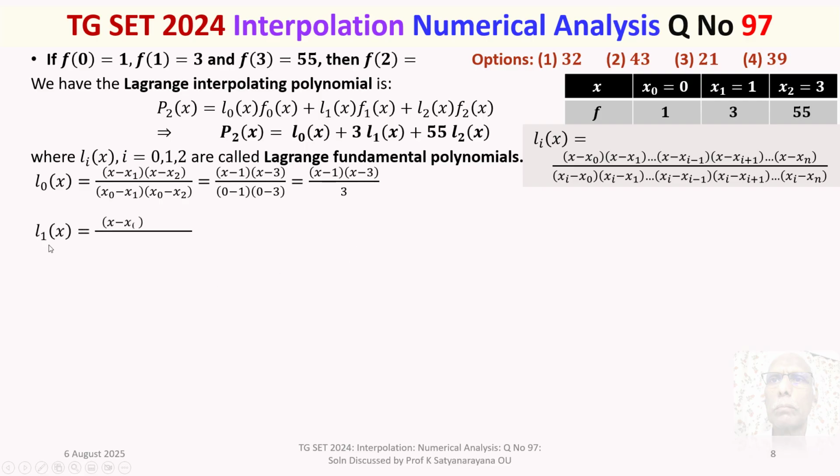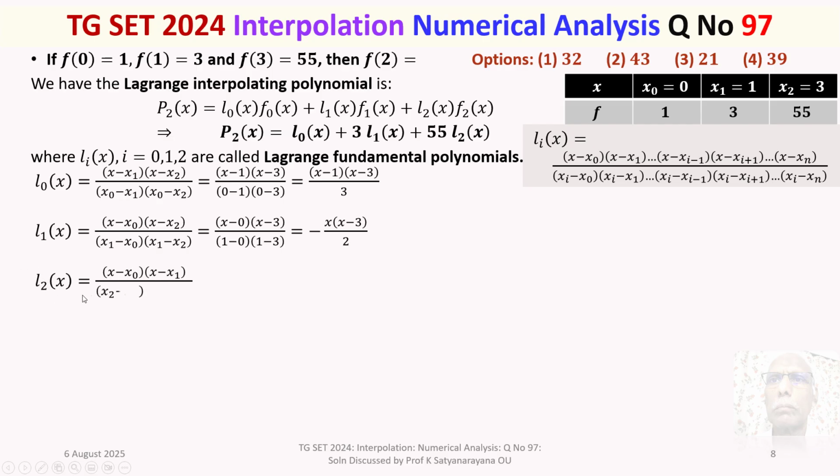In a similar fashion, L1 of x. Leave the factor x minus x1 and write the remaining product x minus x0 into x minus x2, and in the denominator you replace x by x1. Now substitute the values of x0, x1, x2 and simplify. You will get minus x into x minus 3 by 2.